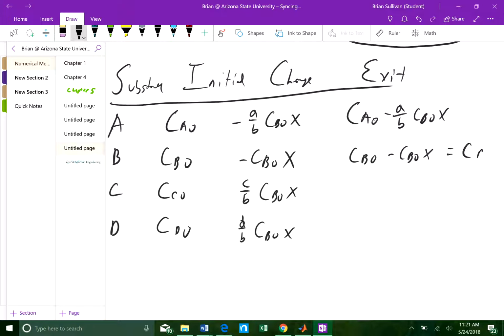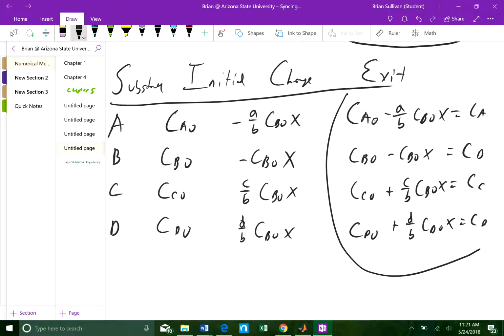Again, this is Cb, this is Ca. Now CcO minus C over B. Oh, no, not minus, plus. Nearly made that mistake. Cc. And over here is initial D concentration, plus D over B, CbO times X equals Cd. So these will be your equations for your concentrations later in the reactor.